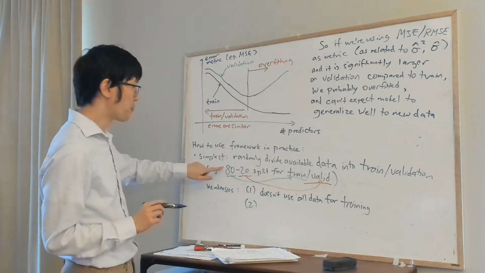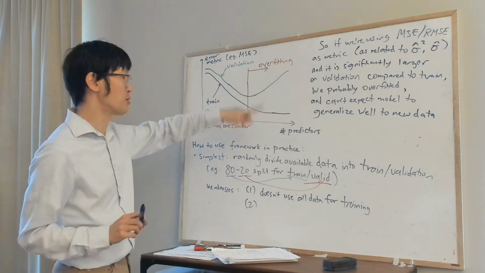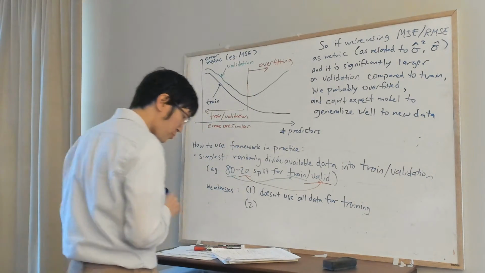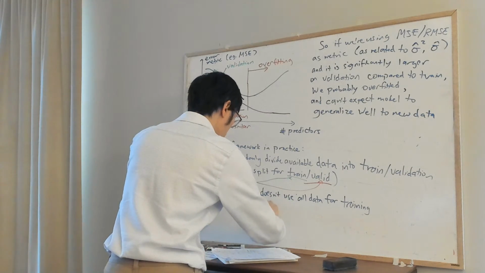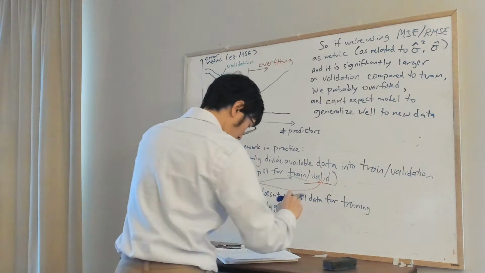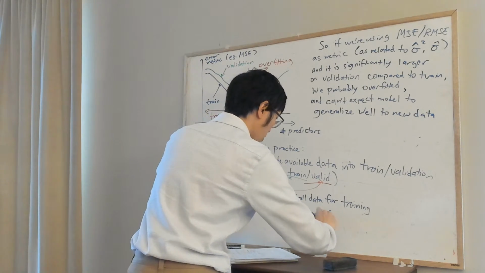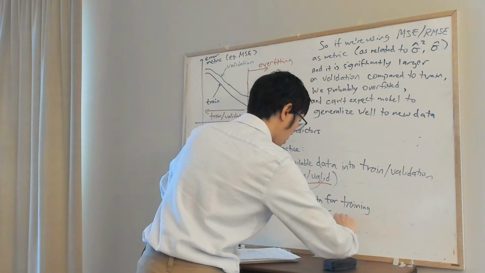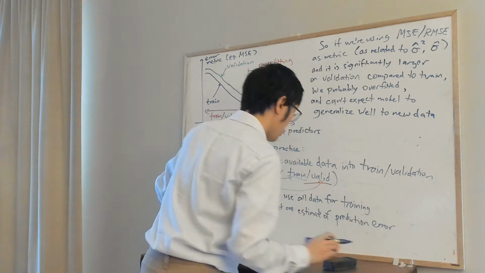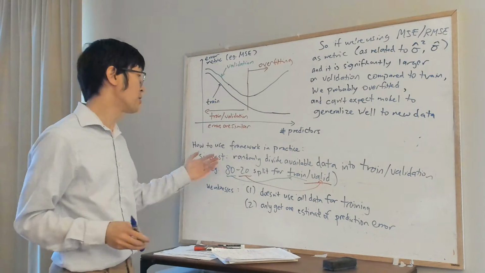you notice with this sort of split, we only get one estimate of prediction error based on our validation sample, because we split it once, and then that's all we do.